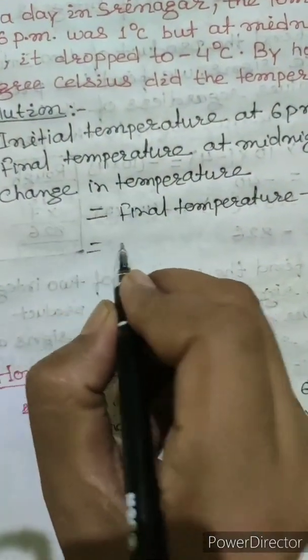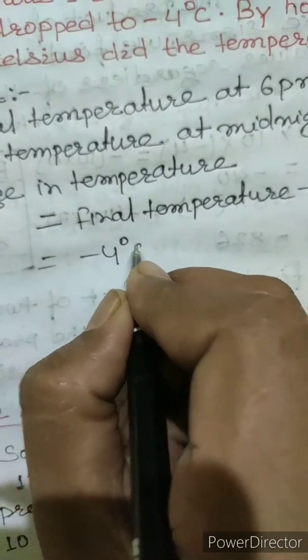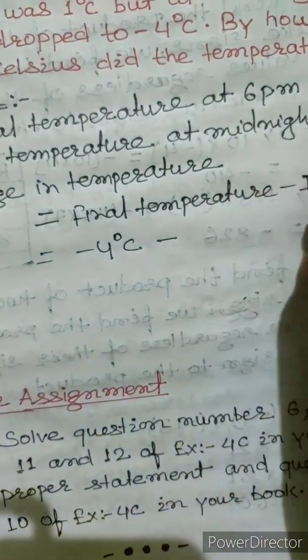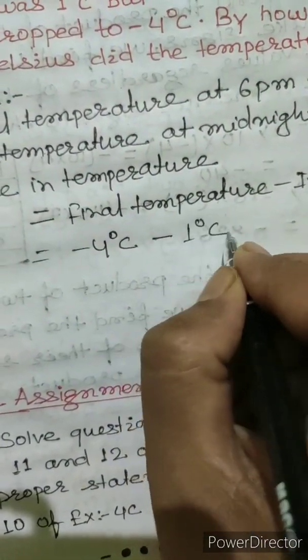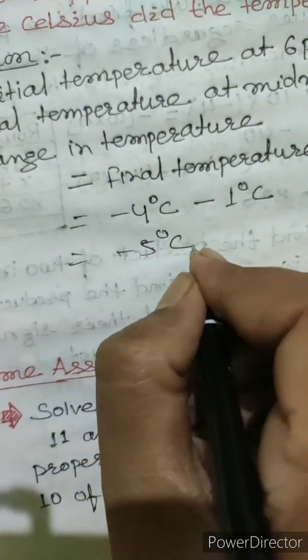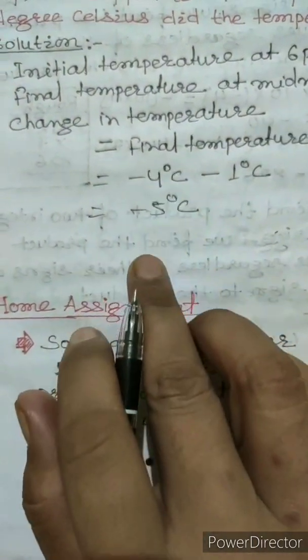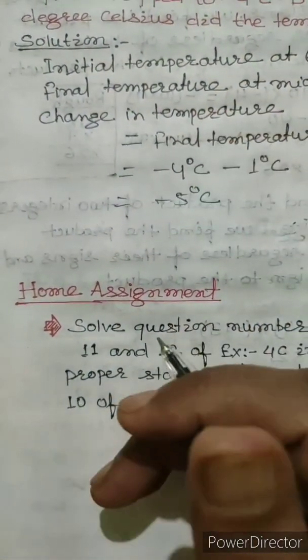So what is the final temperature? Minus 4 degrees Celsius minus the initial temperature, 1 degree Celsius. So how much will it become? Minus 5 degrees Celsius. The minus sign means the temperature is falling down.